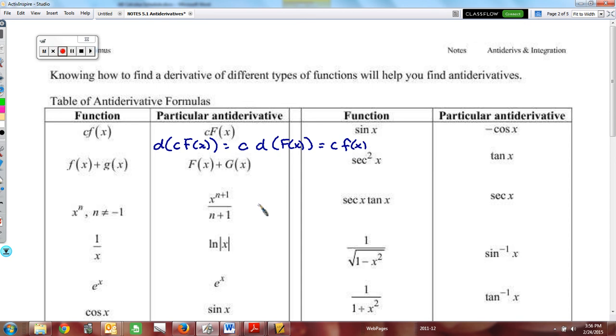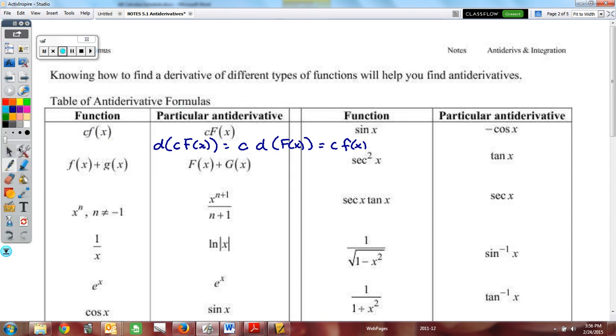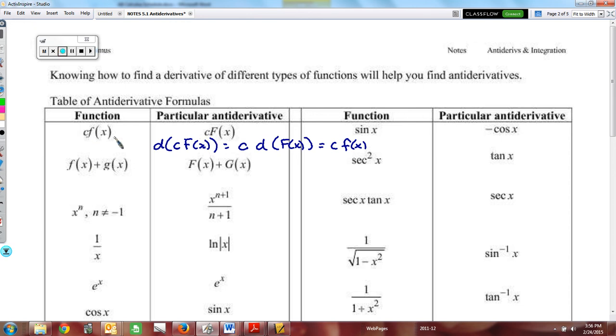So taking the derivative of this gives me this, taking the antiderivative of this gives me this. That makes sense, because the derivative of a constant times anything is the constant times the derivative, so the antiderivative of a constant times anything is the constant times the antiderivative.